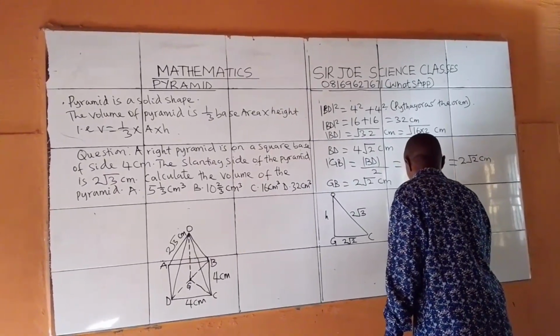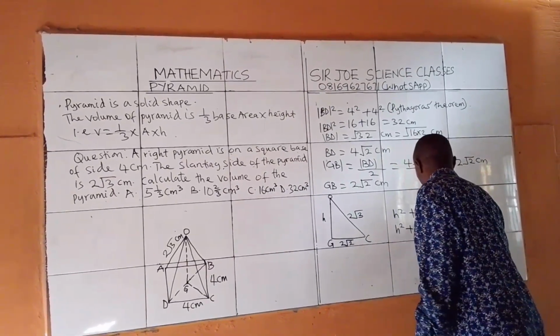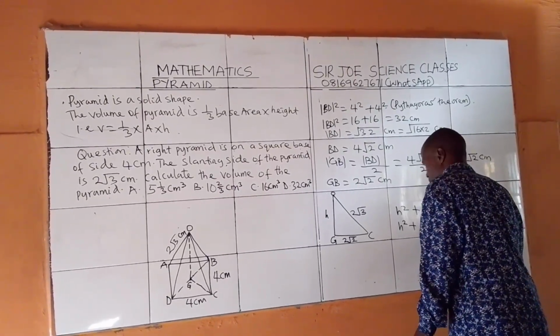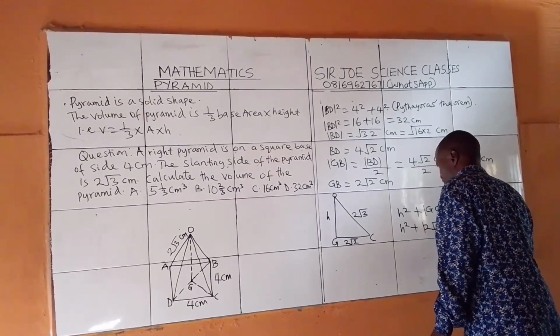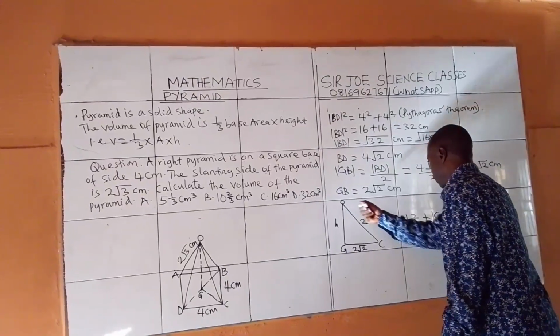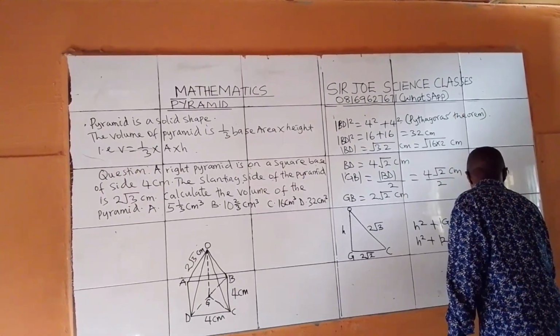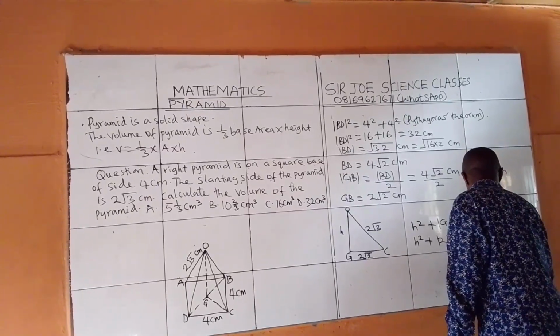That is, h squared plus our GC, which is 2 root 2, squared, is equals to OC squared, that's 2 root 3 squared.